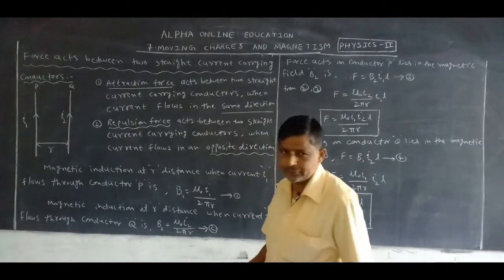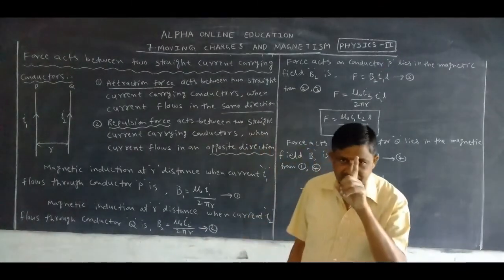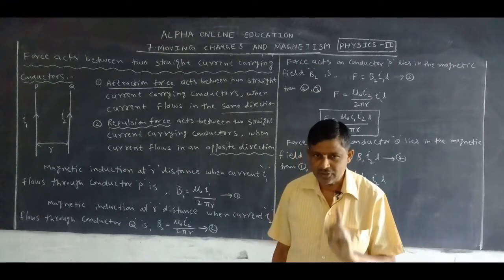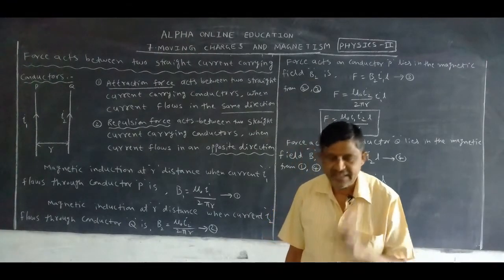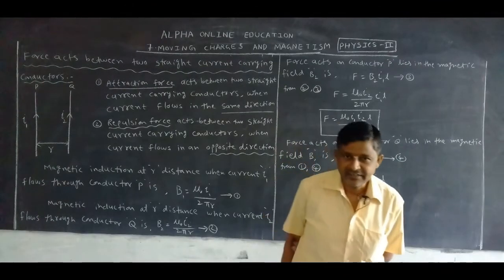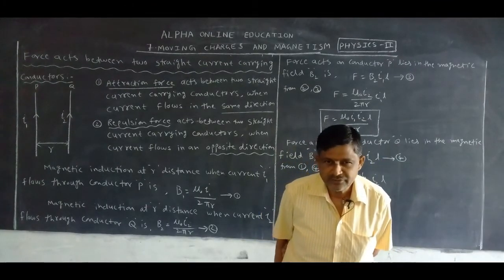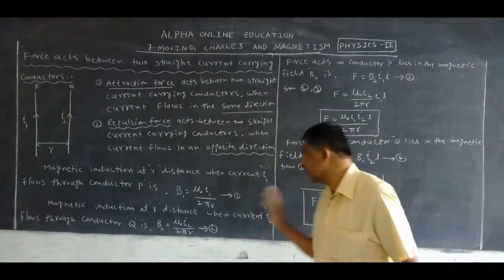It is equation 2. By conductor P, B1 is equal to mu 0 I1 by 2 pi r, and by conductor Q, B2 is equal to mu 0 I2 by 2 pi r.